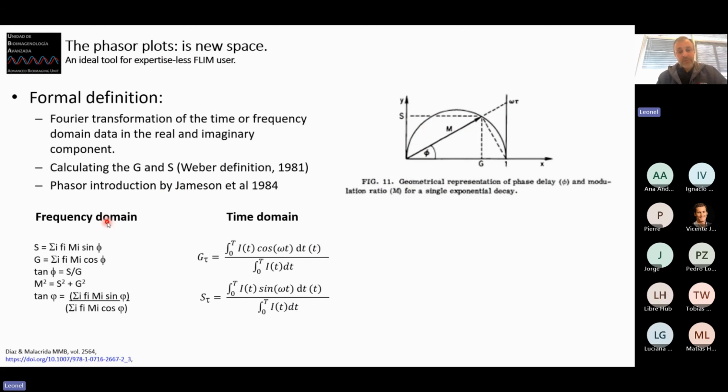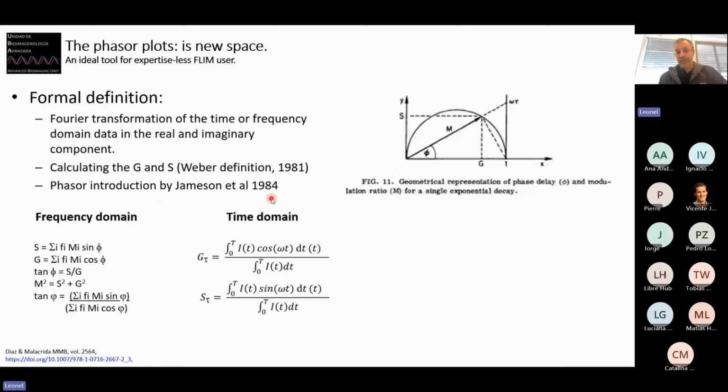So what we propose to use is the Phasor plots. And the Phasor plot is not new. It started with the definition of the Phasor transformation in 1981 by Weber. And the introduction of this plot, which is this semicircle that we call the universal circle, we will see why it's called universal, was done by Jameson, Gratton, and Hall in '84 to work with cuvettes.